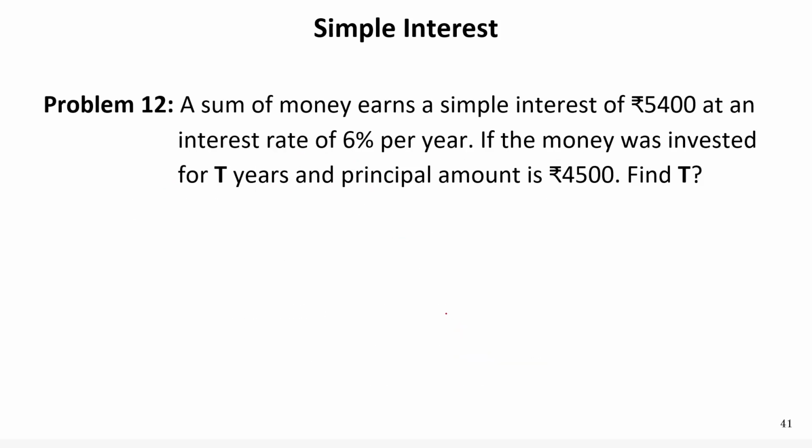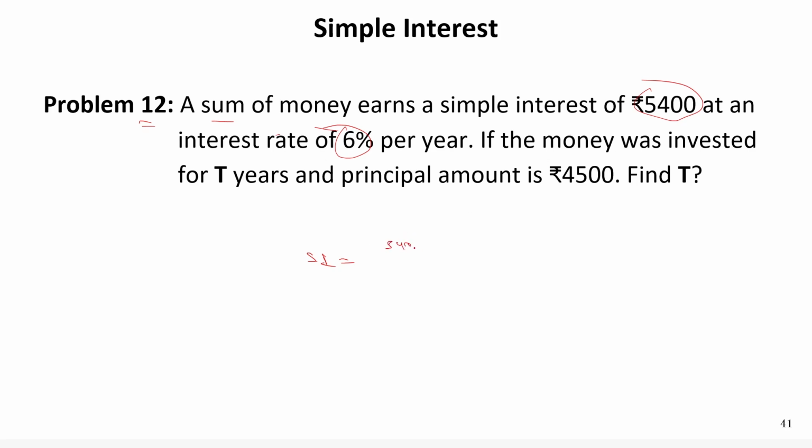Okay, so let's see problem number 12. So a sum of money earns a simple interest of 5400 at an interest rate of 6%. Okay, so the interest rate is given as 6% here. So if the money was invested for T years, the principal amount is this much. So SI is equal to PRT by 100, and the principal is 5400.